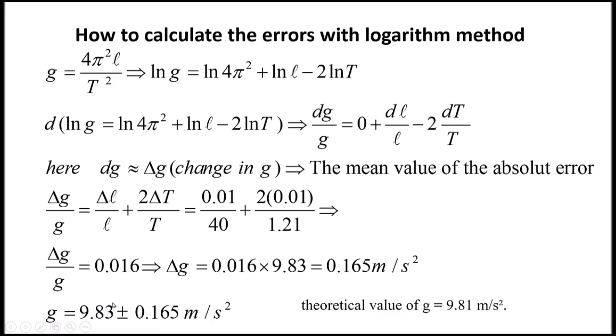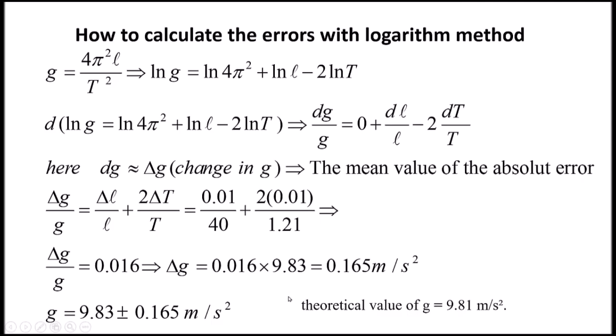We take here 3 numbers and here 2 numbers because the error is in the third number. This is the final result of our experiment.